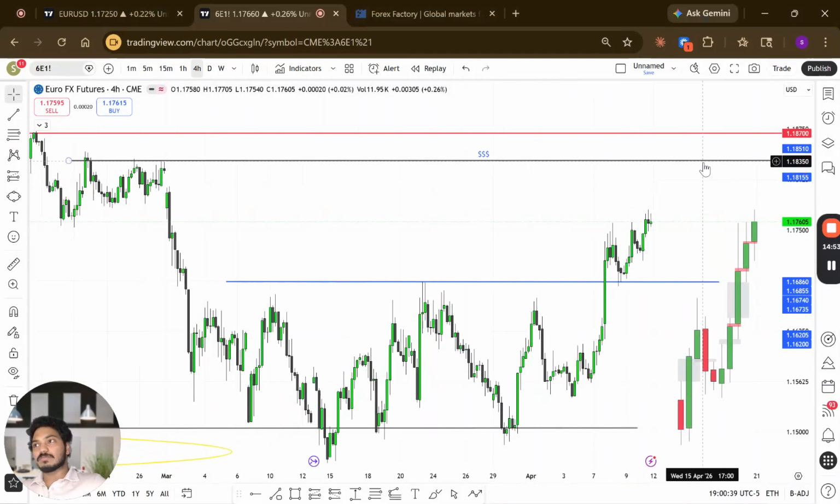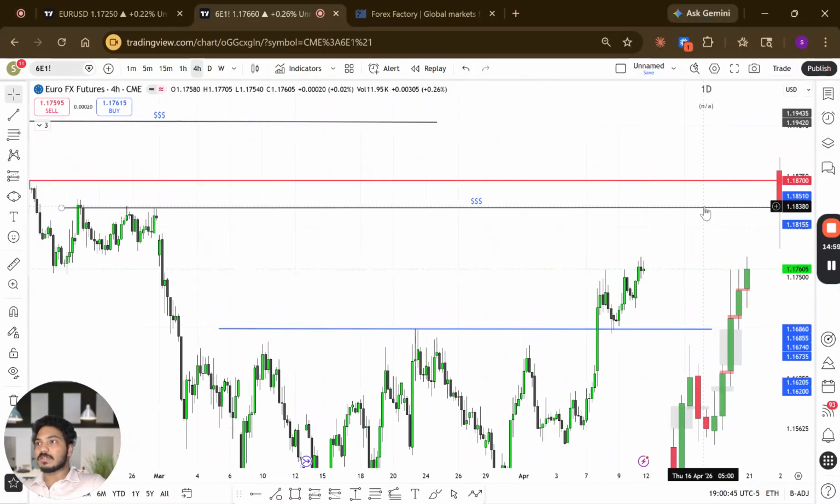These are the higher time frame price levels where it either acted as support or resistance. So we can definitely expect liquidity above those levels. One above this 118360, and above this price, which is 119420.